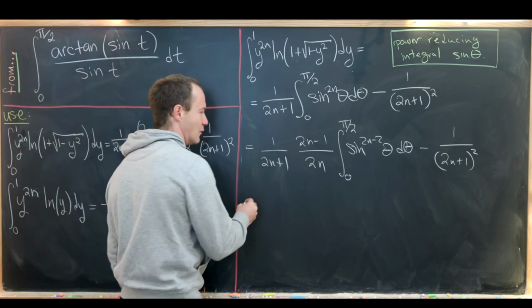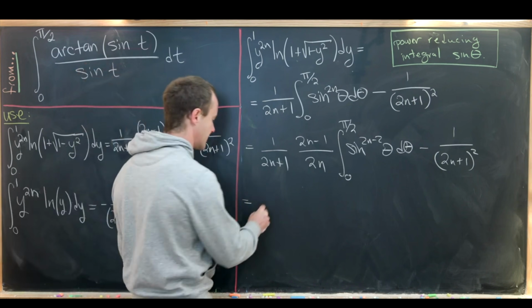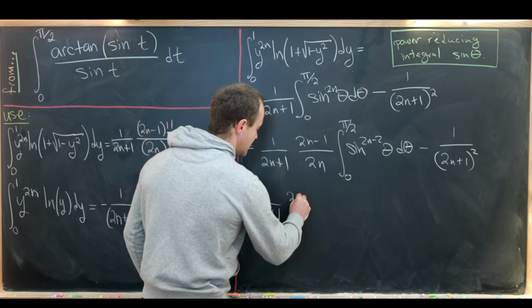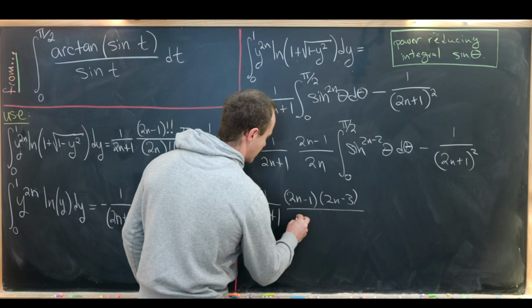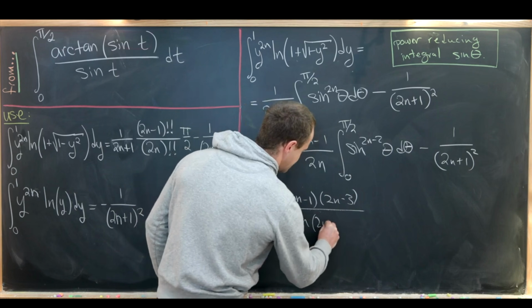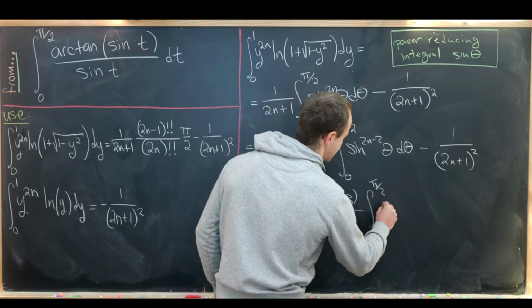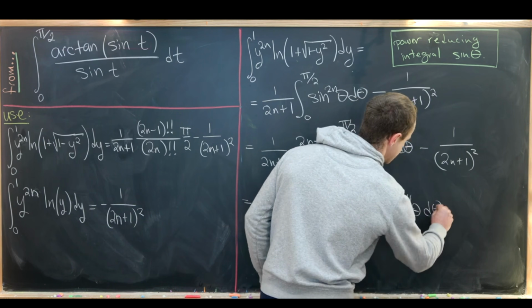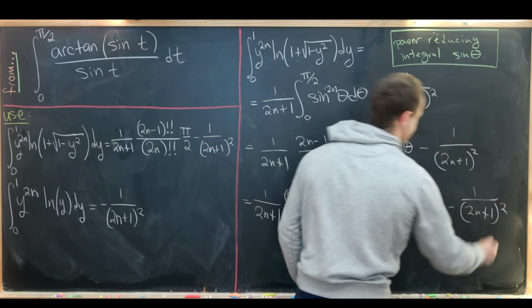Let's write one more step. That'll be 1 over 2n plus 1 times 2n minus 1 times 2n minus 3 over 2n times 2n minus 2, and then the integral from 0 to pi halves of sine of 2n minus 4 theta d theta minus this thing that is just omnipresent.